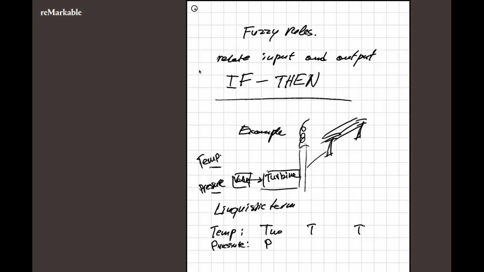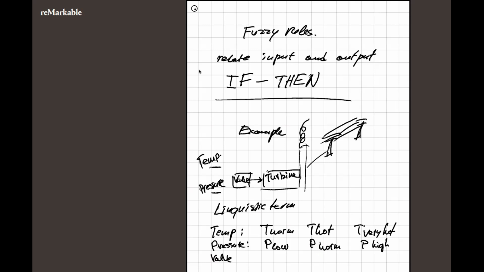T normal, hot, very hot. P low, P normal, P high. And then our valve.